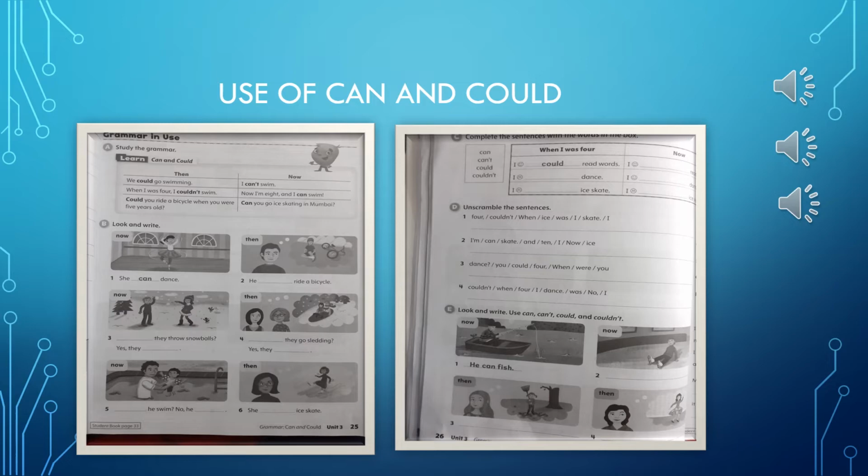The first sentence given to you is: for, comma, couldn't, when, ice, was, I, skate, full stop, I. You have to rearrange this. I'm giving you 30 seconds to have a look, and then I will share the correct sentence with you. I know you can do it. I'm waiting.